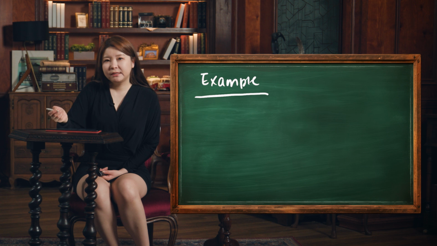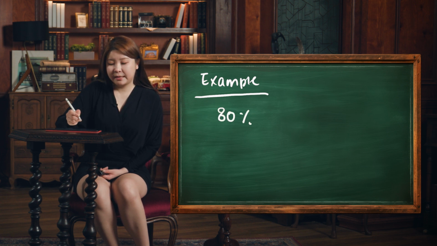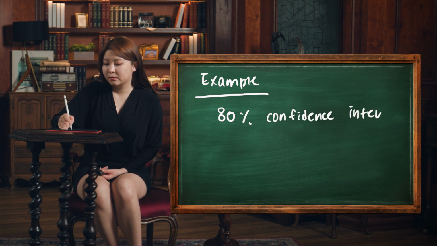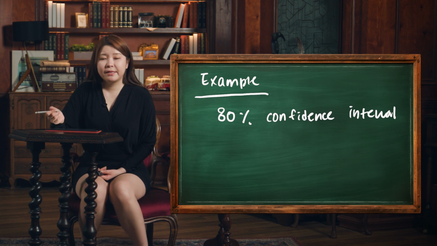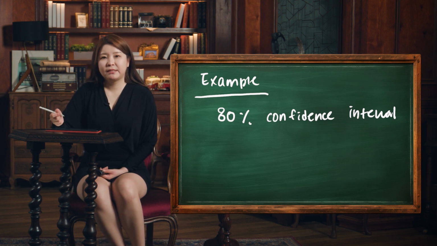So the question is asking us to find the 80% confidence interval for this particular value mu, which is the mean price of a product.